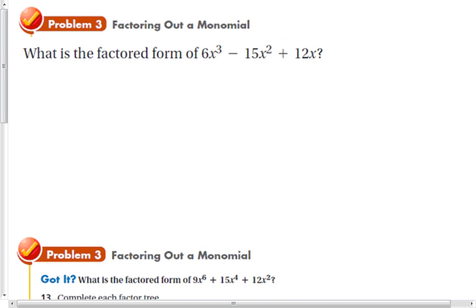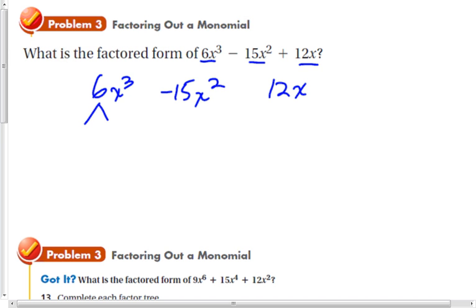All right, now that we know how to find the greatest common factor of the terms, we can reverse the distributive property and factor out the monomial. And we're going to try and factor out the greatest common factor of the terms. So again, we have 6x to the third, negative 15x squared, and 12x.